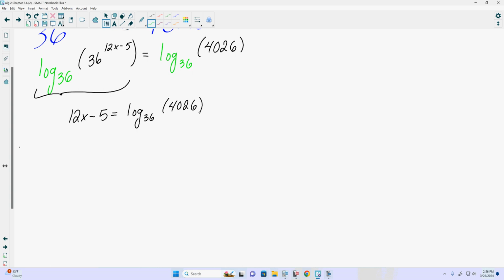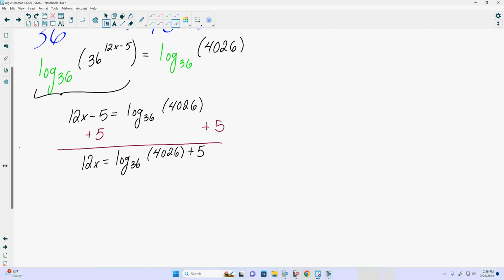What would we do next? Oh, wait, never mind. Sorry, add 5. We'd add 5. We will divide by 12, but we're going to add 5 first. After we add 5, it'll tell us log base 36 of 4026 plus 5.